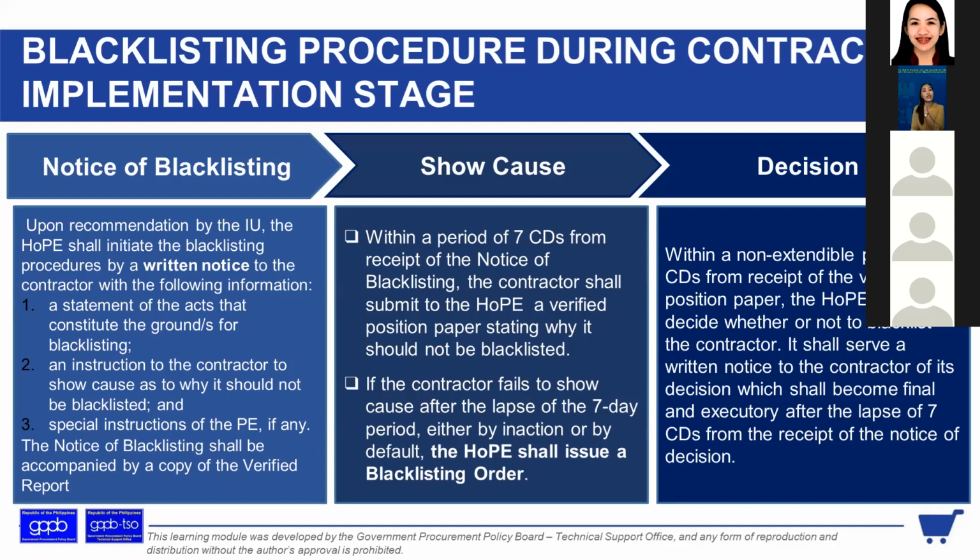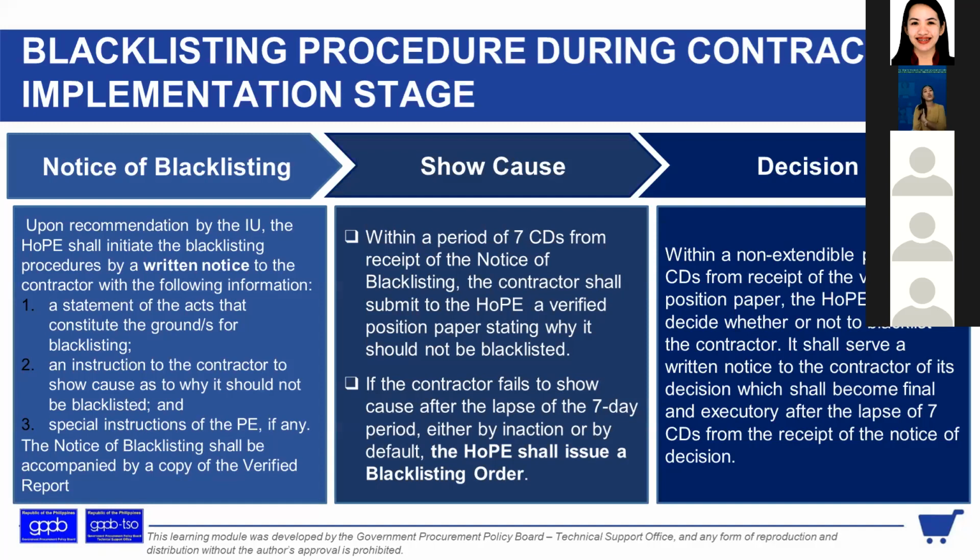So if the contractor fails to show cause after the lapse of 7 days, meaning he did not prove why he should not be blacklisted, with or without an answer, either he did not answer or did not submit a verified position paper, or he submitted one but it did not show cause why he should not be blacklisted, then after the lapse of 7 days, the HOPE shall issue a blacklisting order.